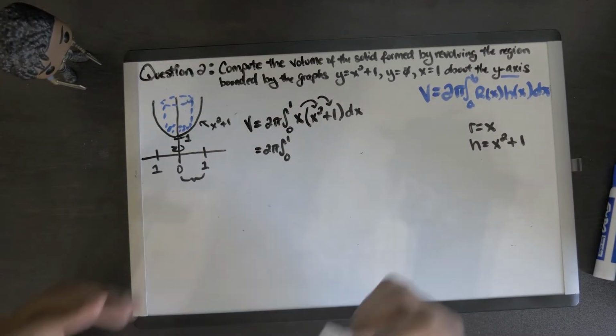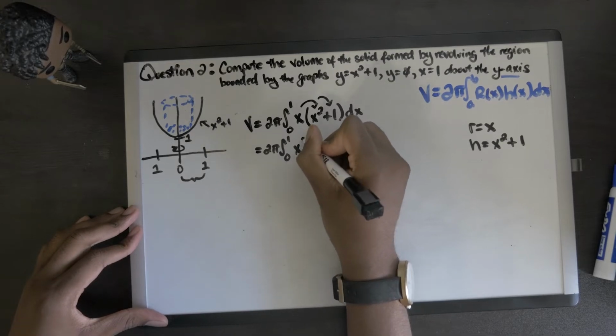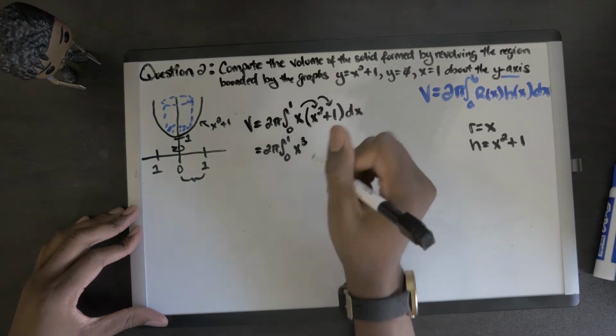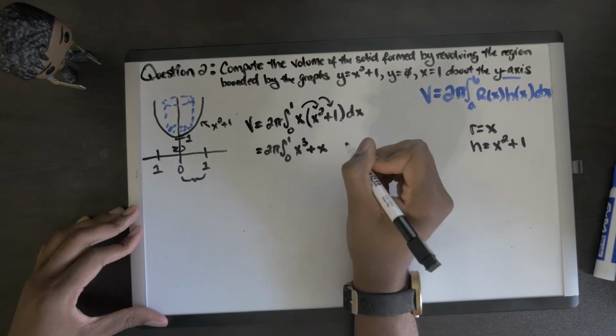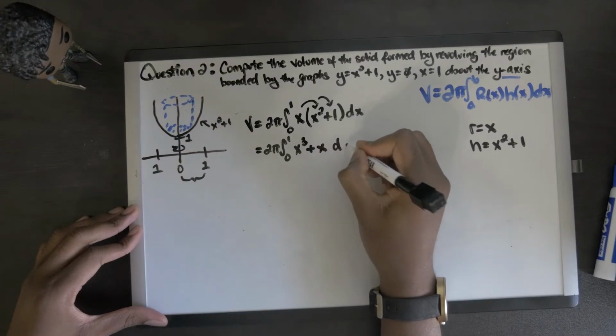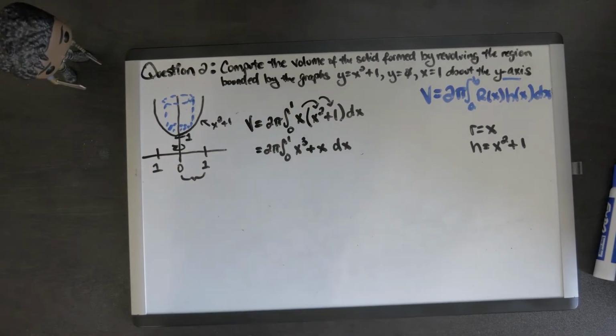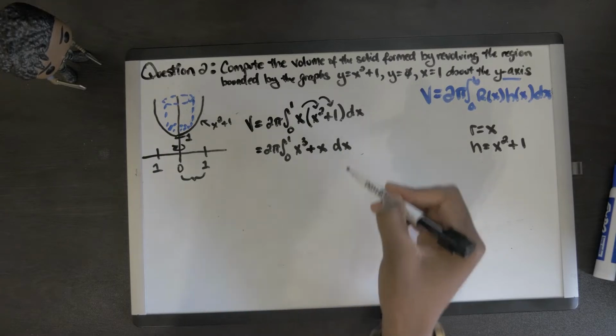That way it gives us our new integral, which is going to be x to the third plus x, because we know x times 1 is just x, and then of course our dx. Now, we're doing pretty good. The integral isn't looking too crazy, and we can definitely work with x cubed plus x dx.